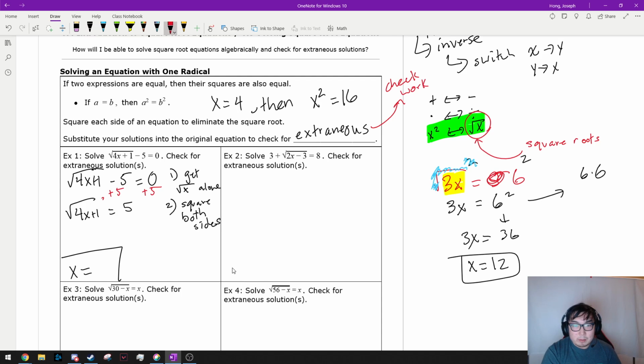If I square both sides, it becomes 4x plus 1 is equal to 25. Now we just do a regular Algebra 1 question where we subtract 1 on both sides. So 4x is equal to 24, so x is equal to 6.